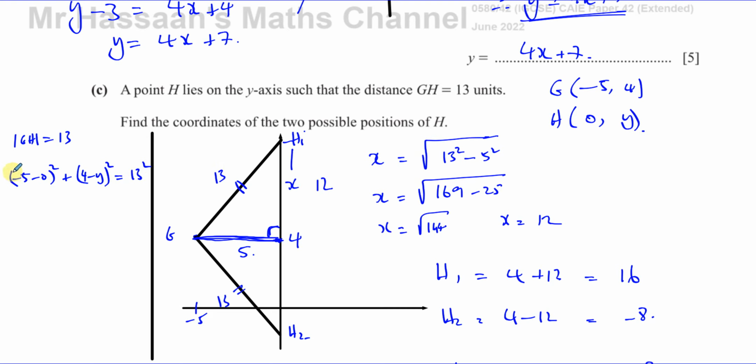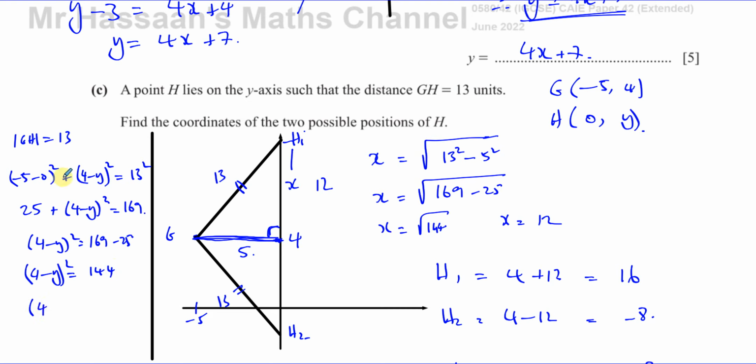Okay, I can just get rid of the square root and just leave them as squared. So I've got (minus 5 minus 0) squared, that's going to be 25, plus, I'll leave this in this form now because I think it will be easy to solve, equals 169. And then I can say (4 minus y) squared equals 169 minus 25. So let me first say this is 144.